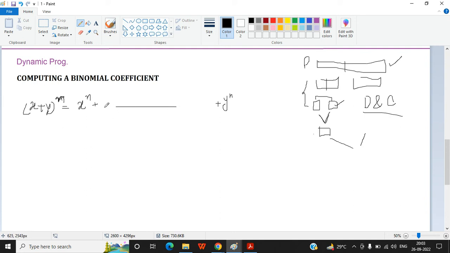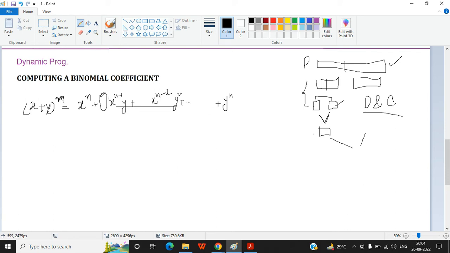The first term will have x to the power n minus 1, and y will appear. After that you will have x to the power n minus 2, then y square, and so on.